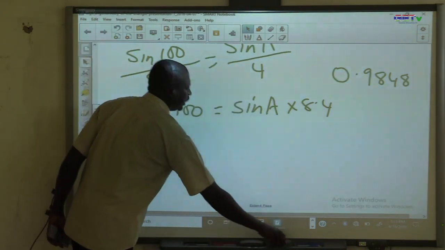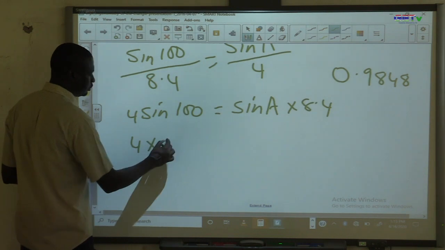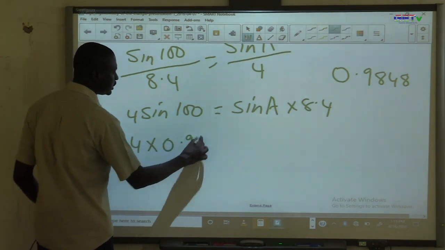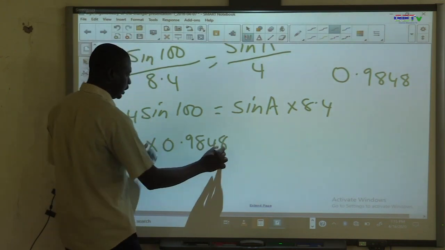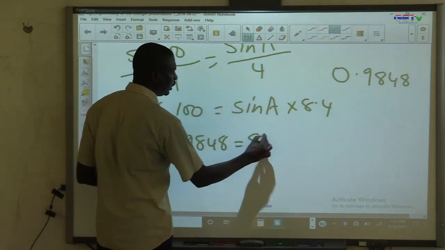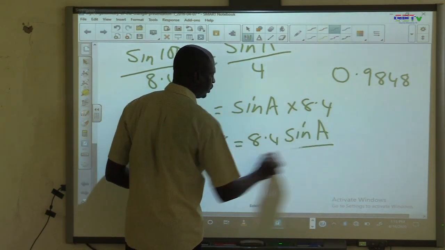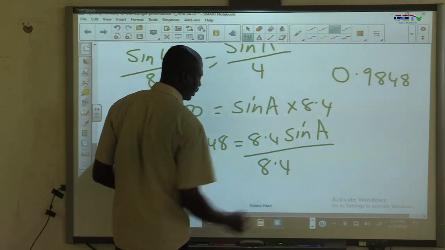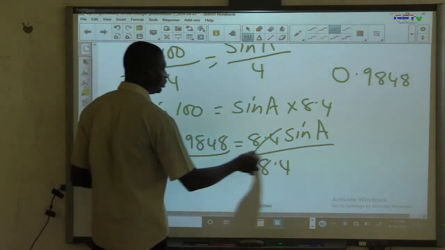So at the end we'll get 4 times 0.9848 is equal to 8.4 times sine A. If you divide both sides by 8.4, this will go.